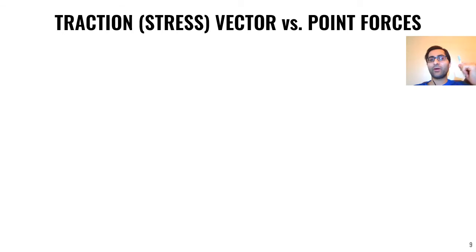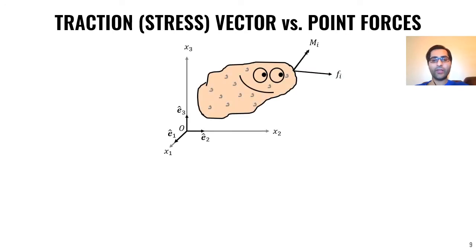Let's start by seeing the difference between traction vector and point forces that you know from classical mechanics. Assume here that we have Mr. Potato and a point force and a point moment being exerted on its surface.